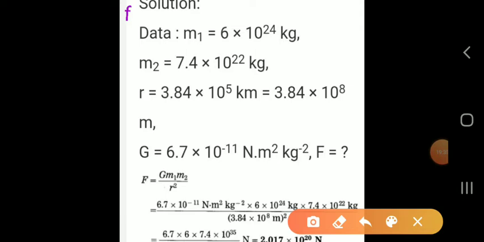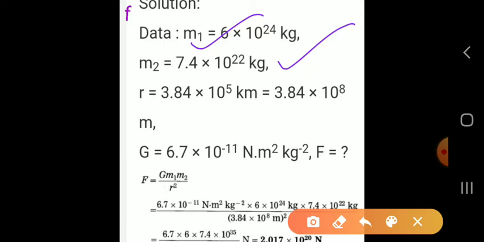So we will see the solution of the F question. Now what is given here, children, that we will see first. M1 is given as 6 into 10 raised to 24 kilogram. M2 is given as 7.4 into 10 raised to 22 kilogram.